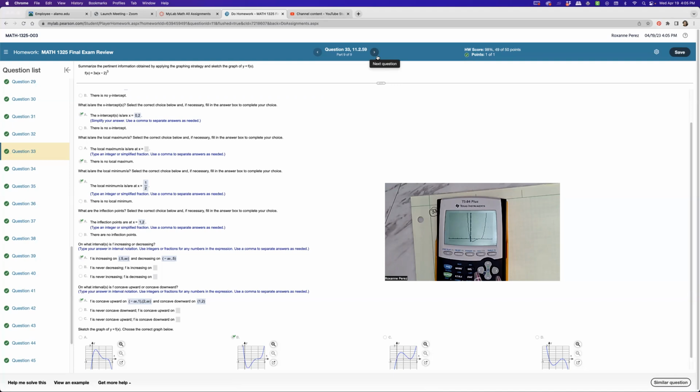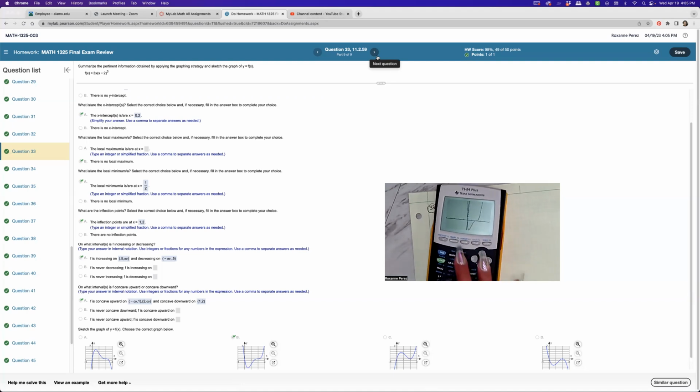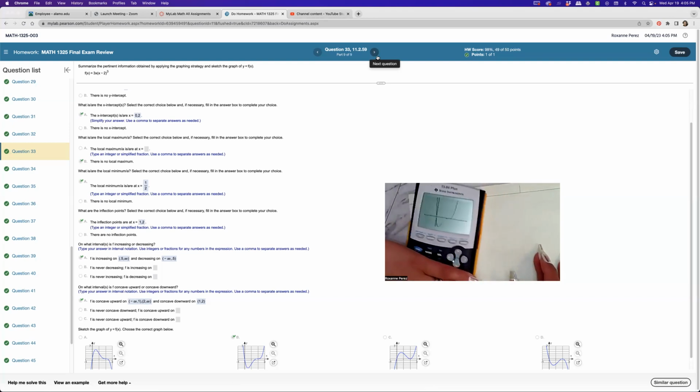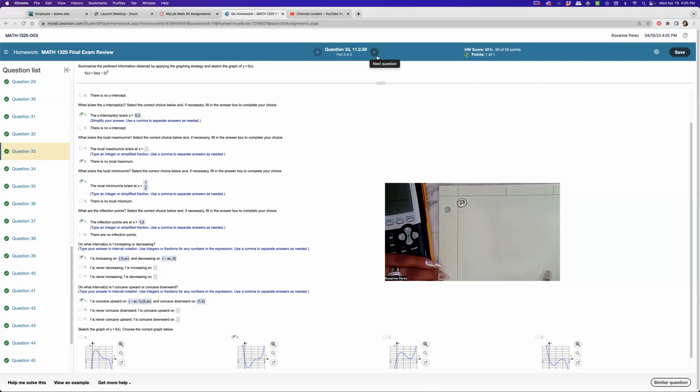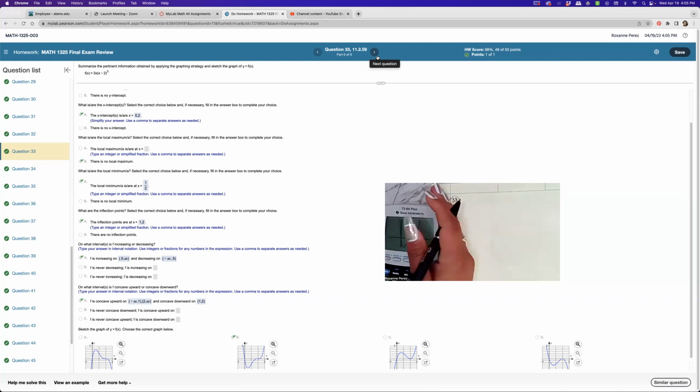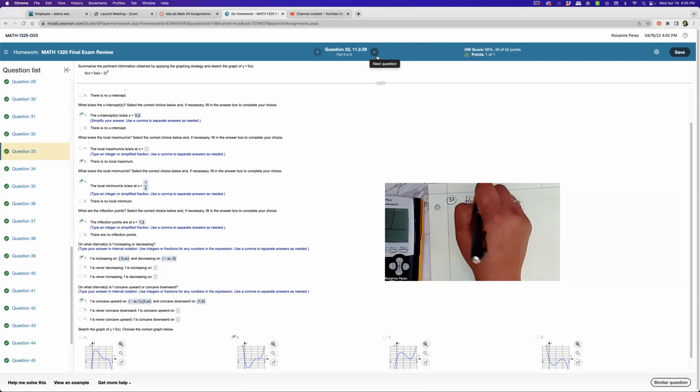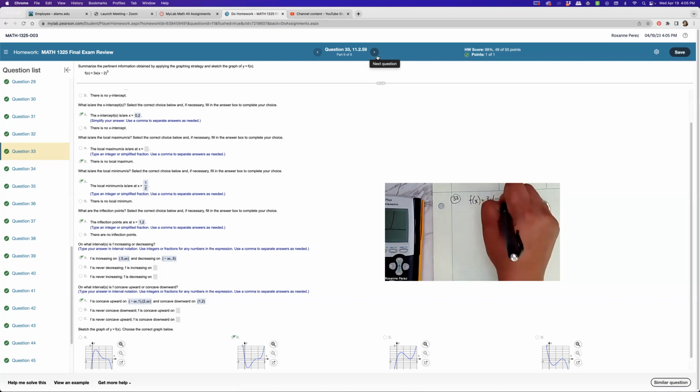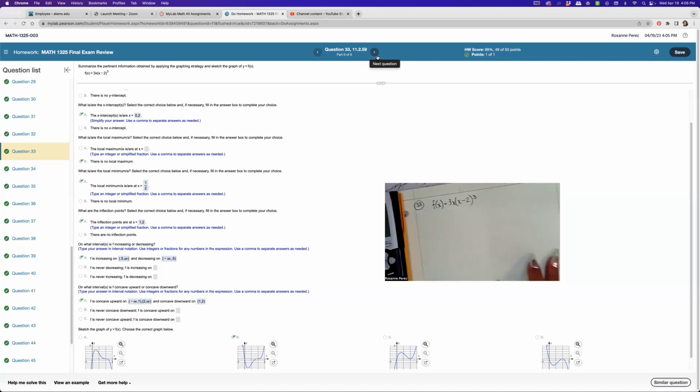Let's make this a little bit bigger, change our window to maybe 10. There we go. So we can see that we do have a minimum there. I want to change this to -2 maybe. All right, perfect. So that's what our graph looks like. Let's do a quick sketch. Let's write f of x equals 3x times x minus 2 cubed.